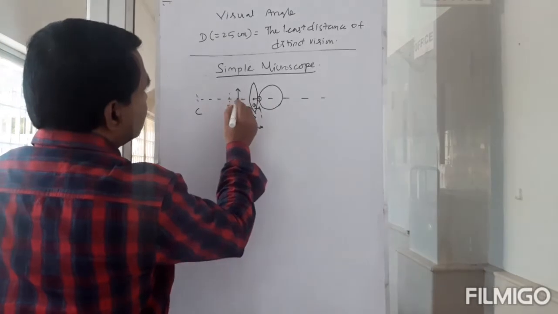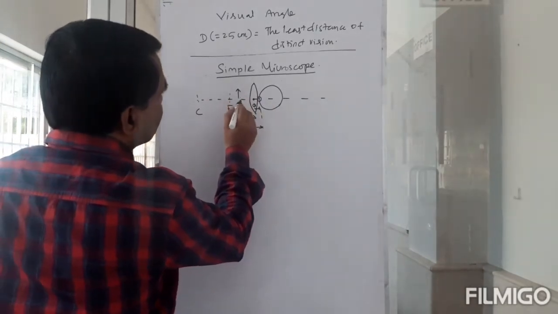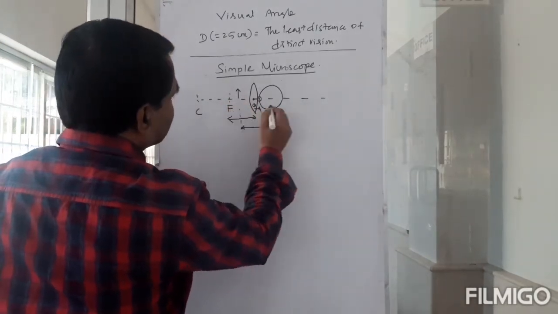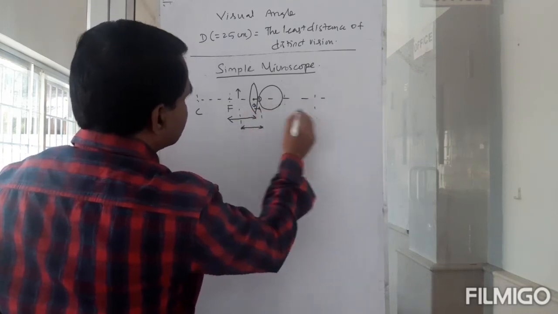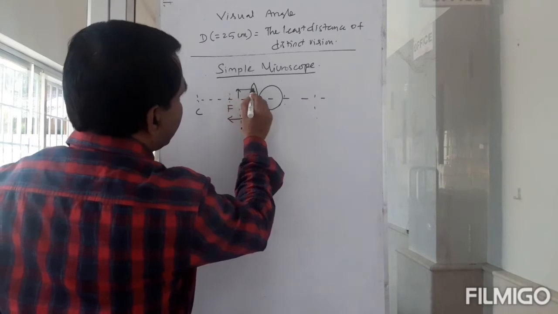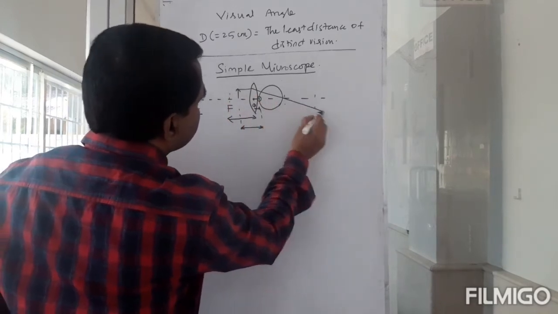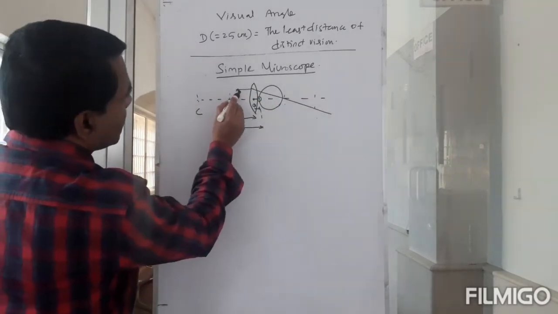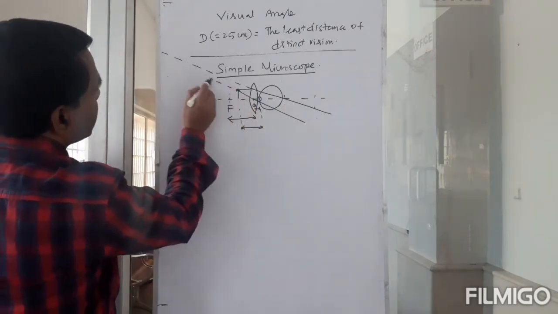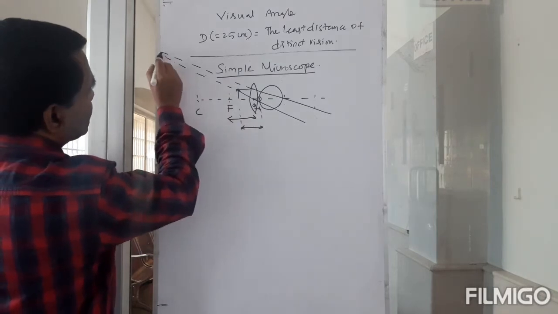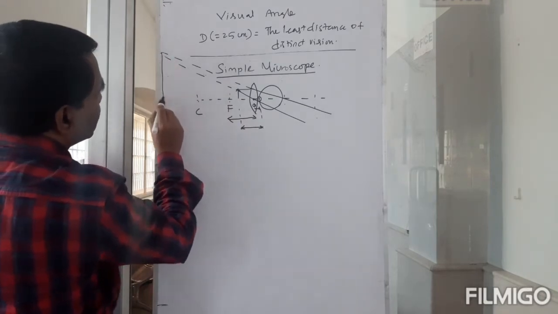If it's here, then on this side, I'll say this is F, this is C. Let's suppose this is where the image is formed.